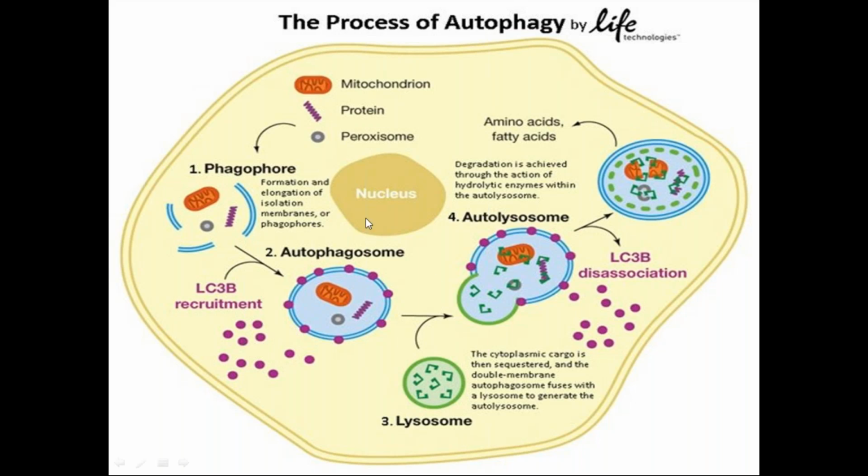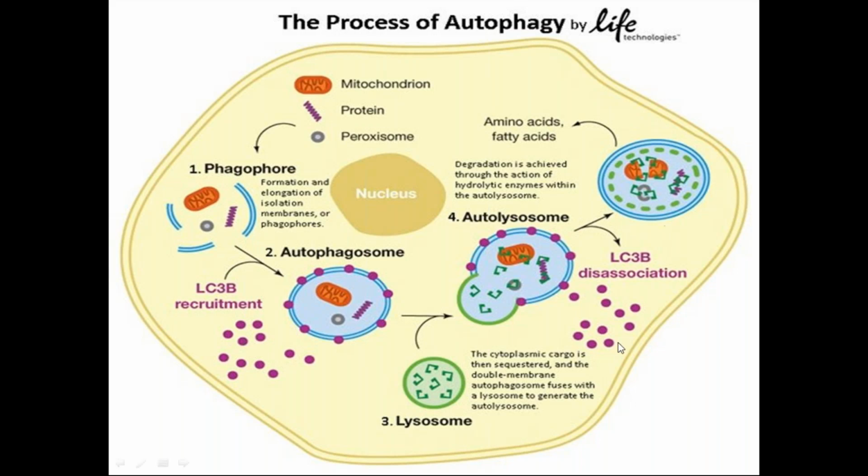The second is when complete autophagosomes are formed. Then, when autophagosomes are fused with the lysosome, there will be degradation, and this degradation will lead to the complete breakdown of the engulfed material, and again your lysosomes will be released.